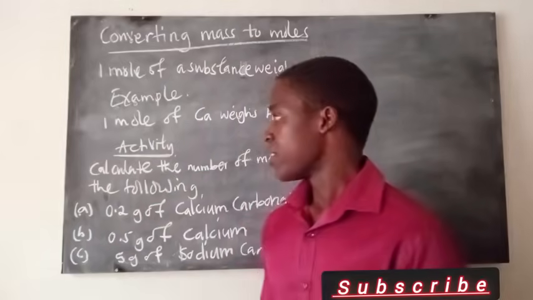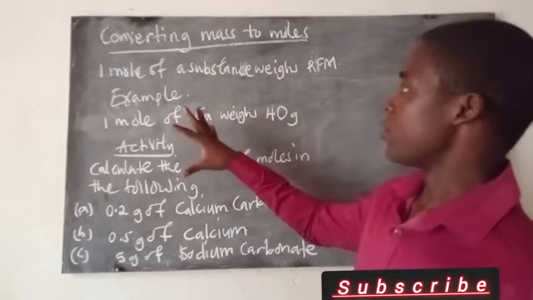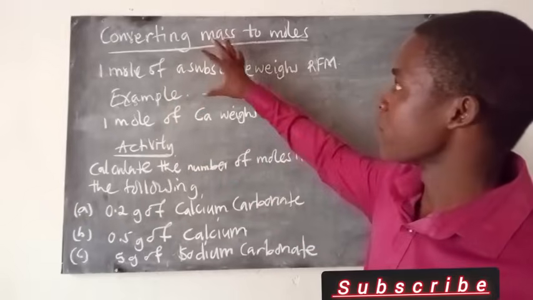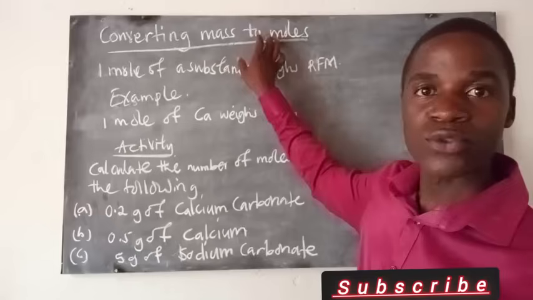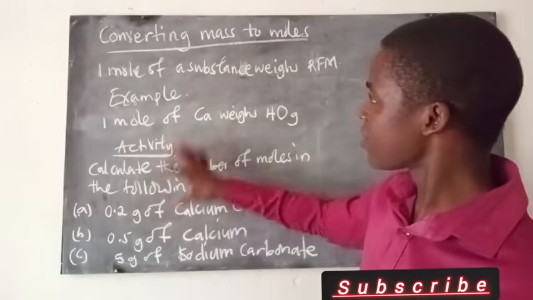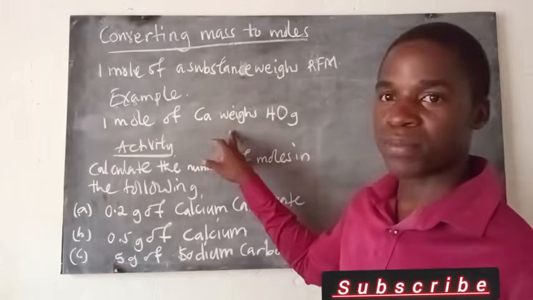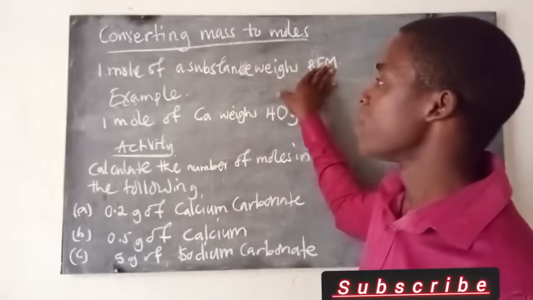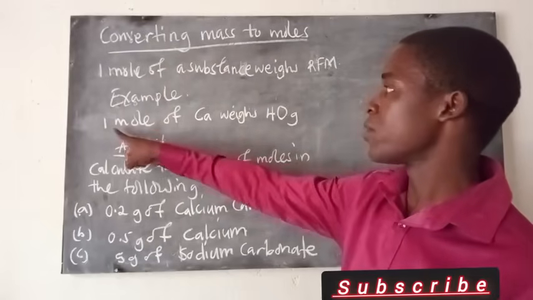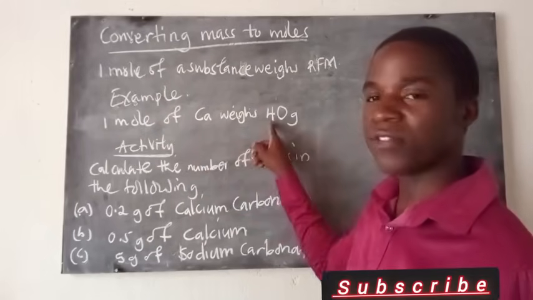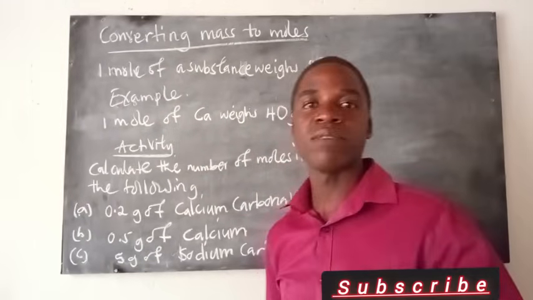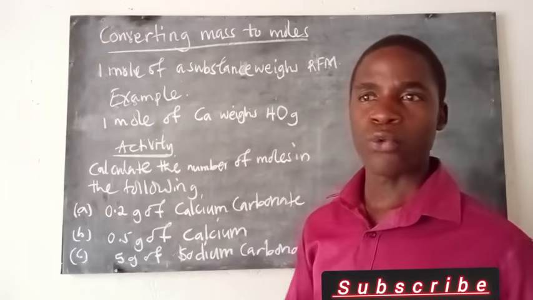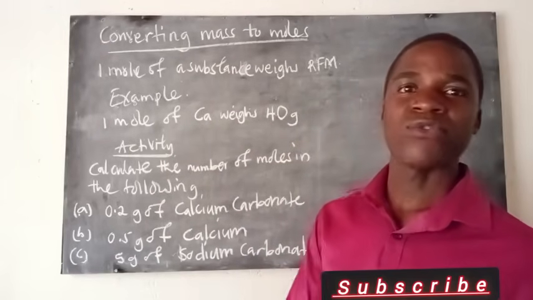So class, we want to look at these in order to bring up the concept of converting mass to moles. Using the relationship which says that 1 mole of any substance weighs its RFM, for example, 1 mole of calcium weighs 40, because 40 is the relative atomic mass of calcium. If it is magnesium, which is 24, 1 mole of magnesium weighs 24.